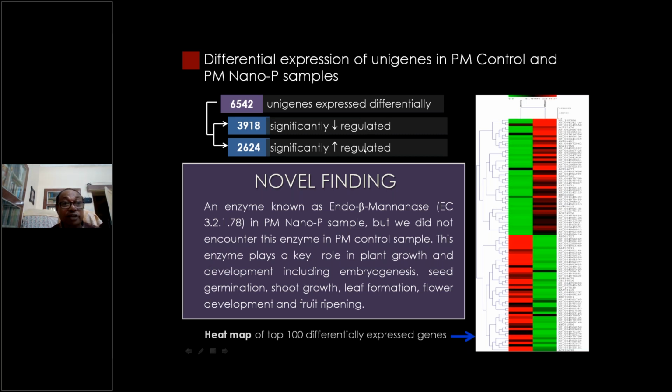But actually it is helping, because when we use this nano fertilizer on cereal crops, one enzyme known as endo-beta mannase is secreted from the plants, and that enzyme helps with embryogenesis, seed germination, fruit growth, leaf formation, flower development, and fruit ripening. So in a lot of ways these enzymes are helping us.